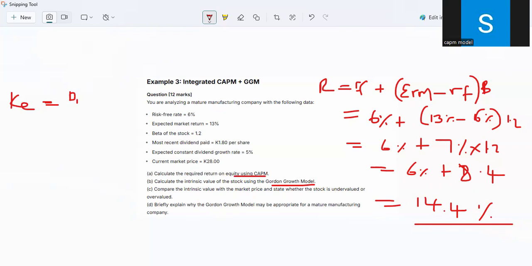D1 over what? Gordon's model: P0 is D1 over Ke minus g.